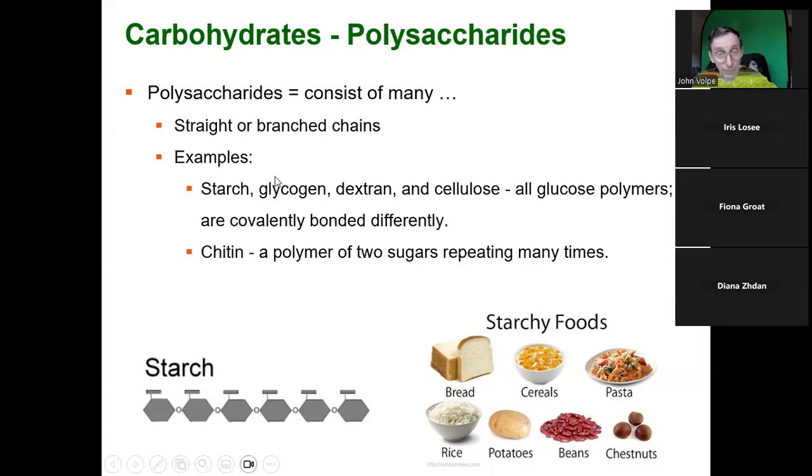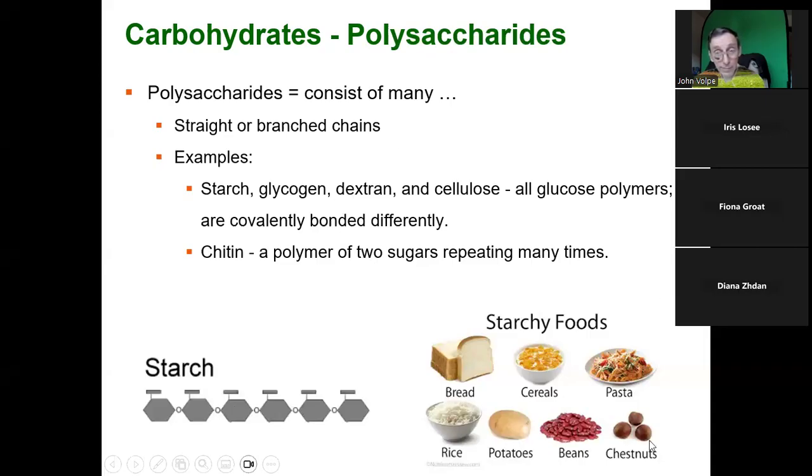It's the way animals store their glucose. The difference between glycogen and starch is the molecule is like this, but then it can branch where we have another chain going right here. And so this goes like that and then like that. Cellulose, another complex polysaccharide we'll talk about in a little bit. And chitin and dextran we're not really going to talk about, but they're all complex polysaccharides.